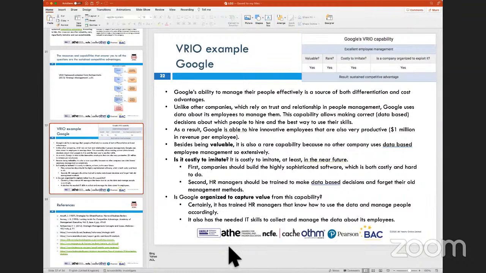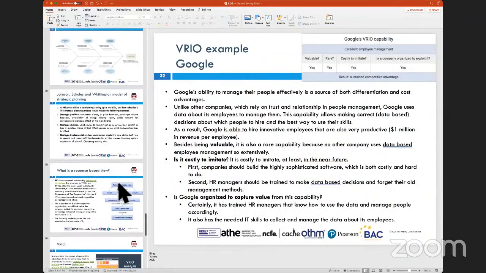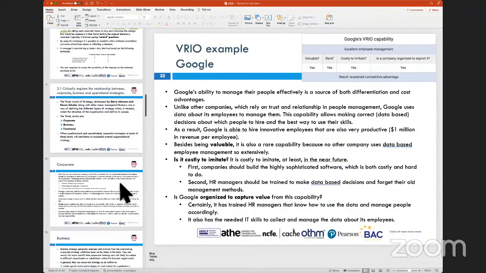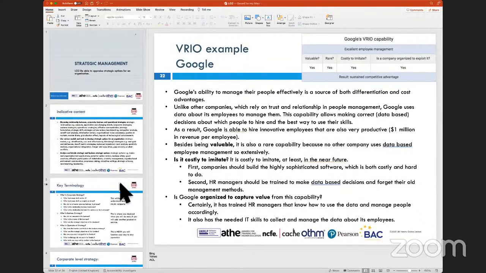So I hope this gives you a good insight into what we need to look at in the second learning outcome, which is appraising the organization's strategic options in the market, and thereby addressing three different assessment criteria. Towards the end of this session on Moodle, the recordings will be available on the YouTube channel.